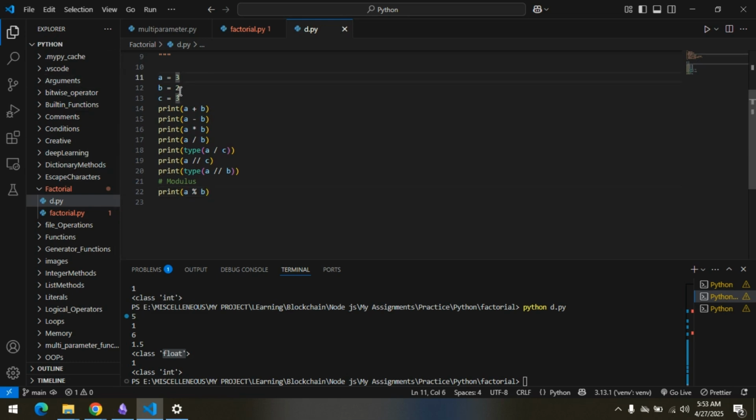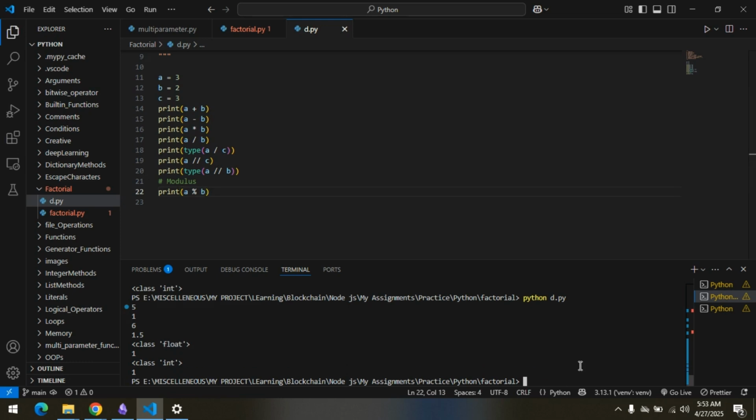It checks how many times B can be divided in A. So if it's 3, it's gonna check how many times 2 can be divided in 3, and that's just 1. And then it's gonna give you the remainder. So the answer will be 1.